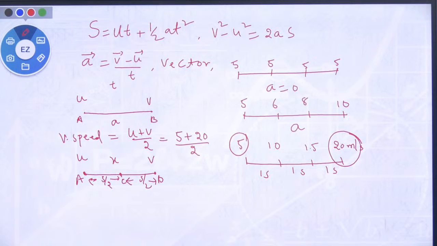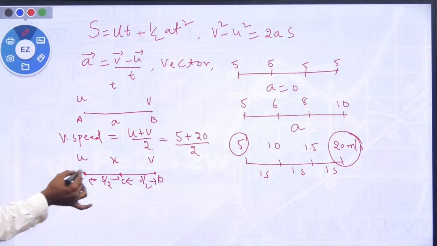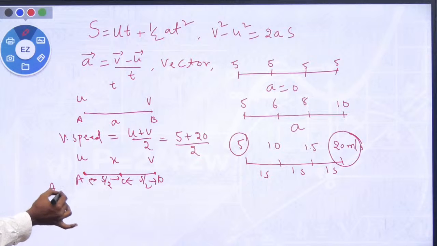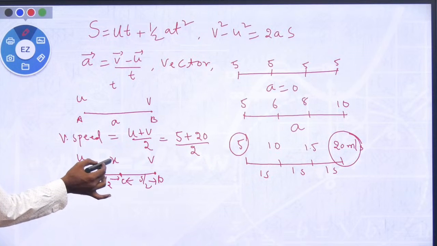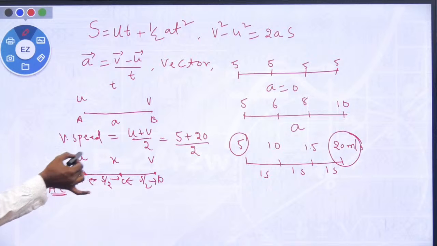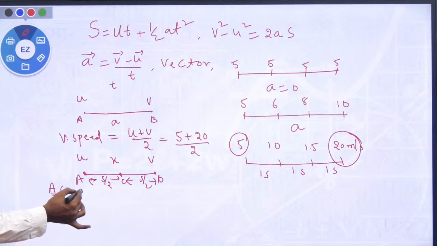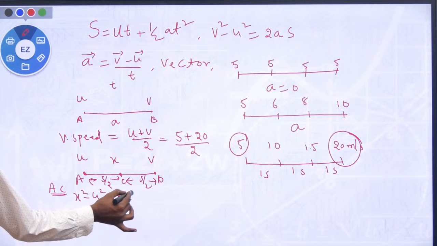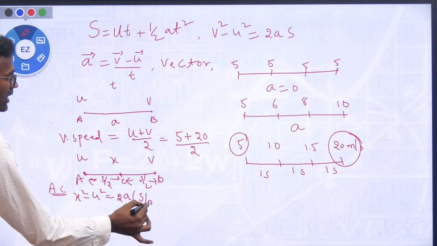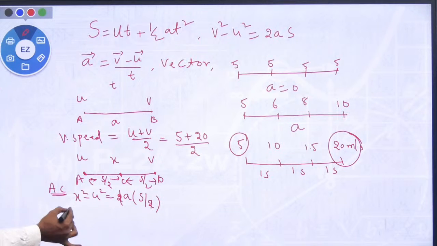Now use the third equation: v square minus u square equals 2as. For the AC journey, x is the final velocity and u is the initial velocity. So x square minus u square equals 2a times s by 2; the 2 gets cancelled.